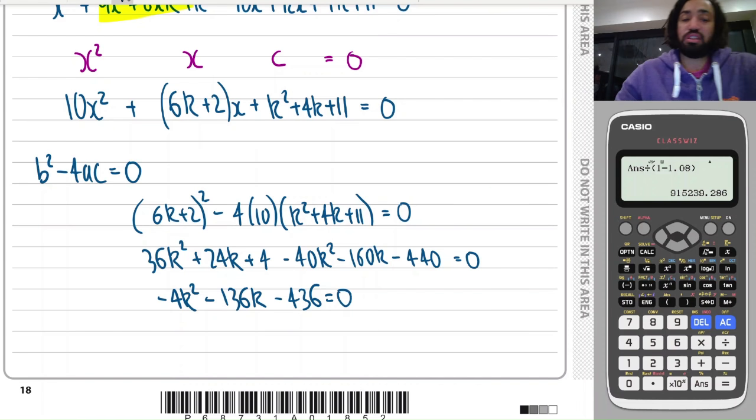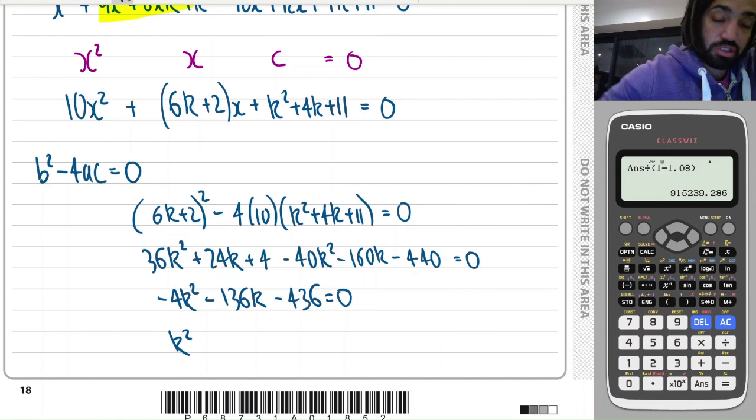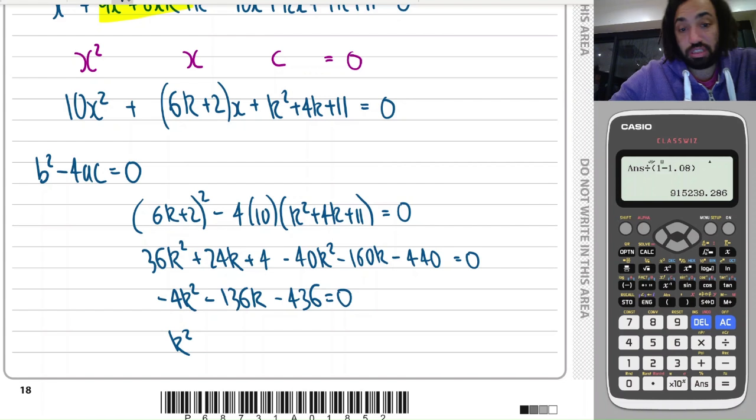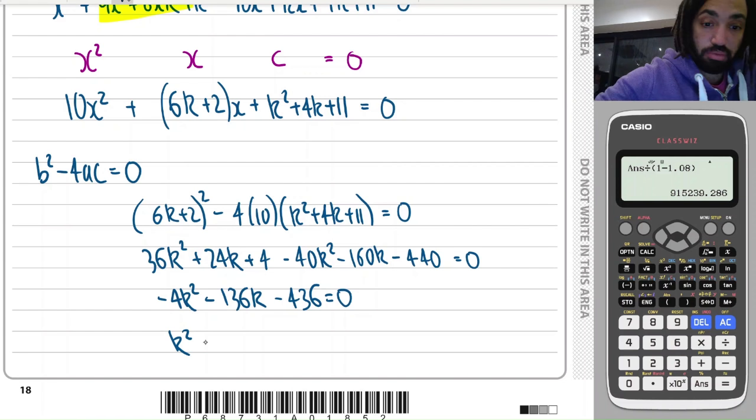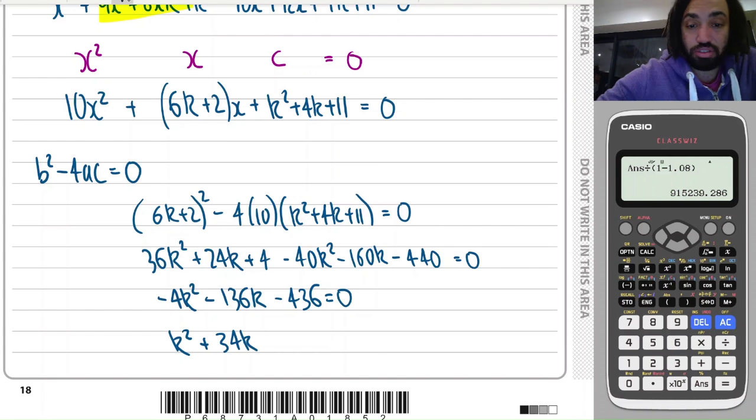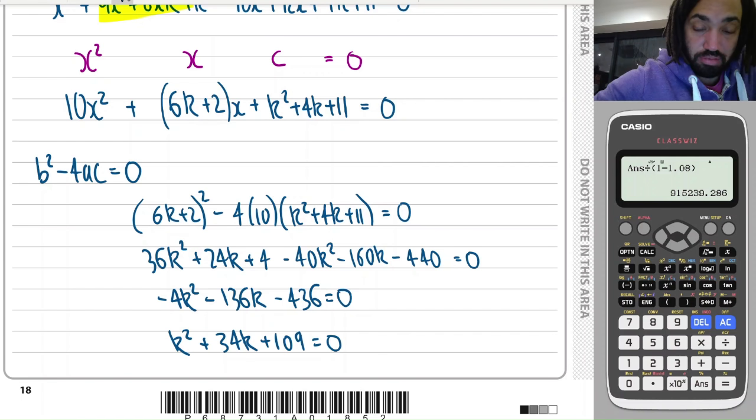Let's just divide everything by minus 4, because that just looks ugly like this. So that's k squared plus 34k plus 9, and dividing that by 4 is 109, equals 0.